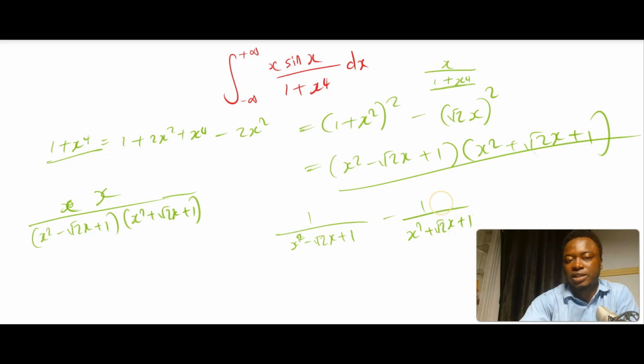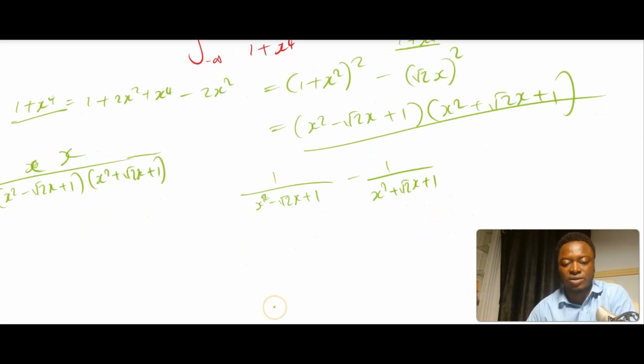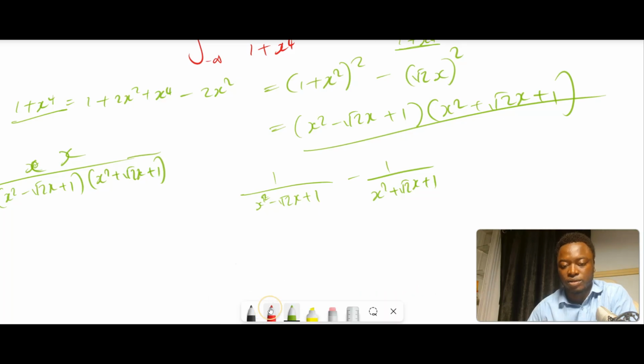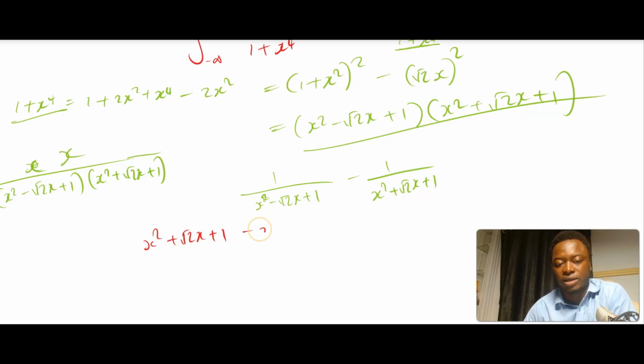If we try to take this difference, you end up with something like this: x squared plus square root of 2x plus 1 minus x squared plus square root of 2x minus 1, all divided by, if you multiply, a 1 plus x to the fourth power, of course.